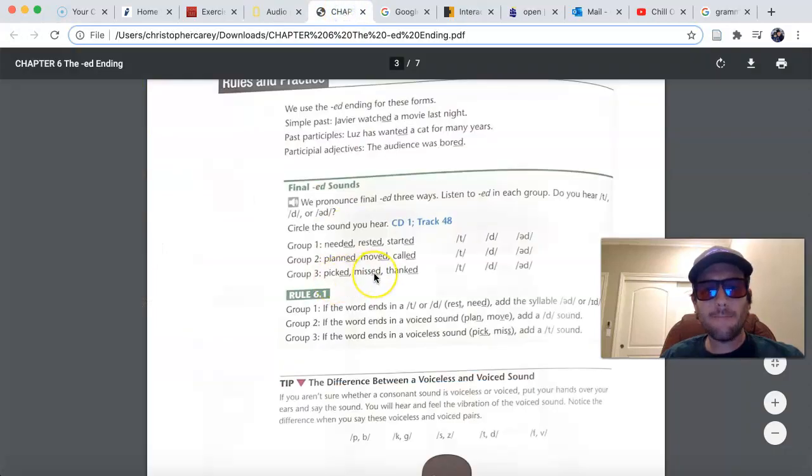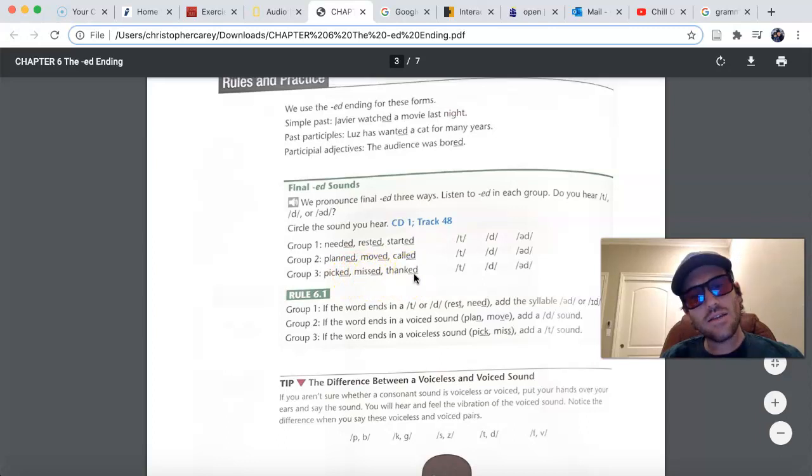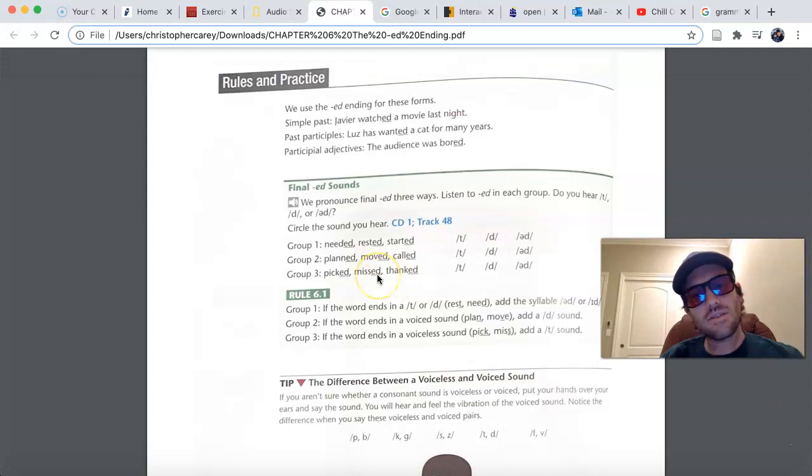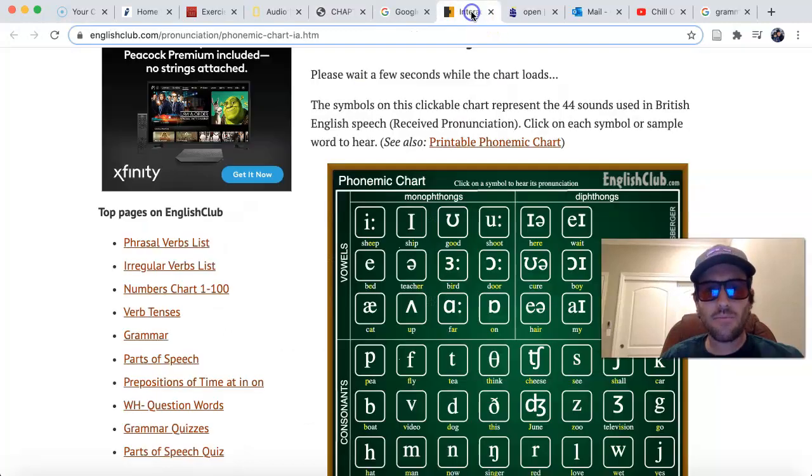Picked, missed, thanked. Let's start with group 3. Picked, missed, thanked. Missed, picked. It's a T consonant sound, right? T, t, t.